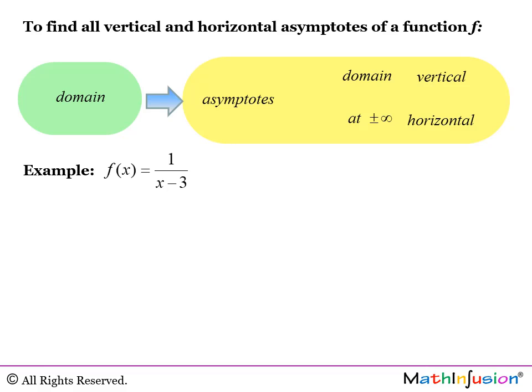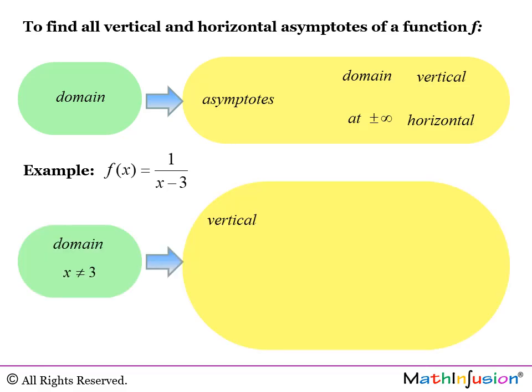For example, let's see this case. The domain is x is not 3. For the vertical asymptote, we have to take the two-sided limit of x approaching 3 from the right and from the left, and we concluded that x equals 3 is a vertical asymptote.